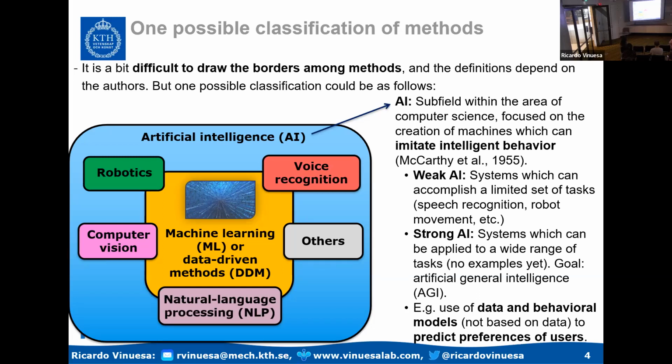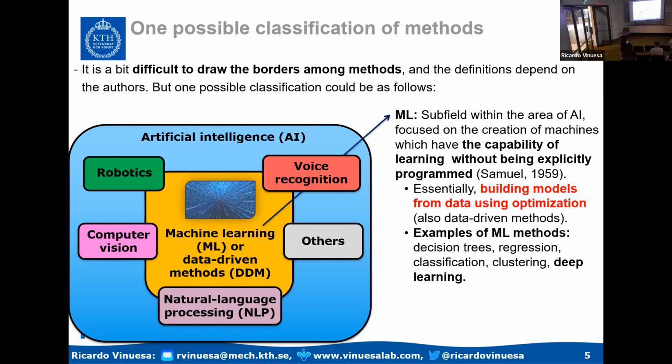Whereas if you go into something a bit narrower, then you can consider machine learning or data-driven methods. In this classification, I consider both as synonyms, though some people make differences between them. Machine learning was defined by Samuel, also in the late 50s, as a subfield of AI focused on the creation of machines that have the capability of learning without being explicitly programmed to do something.